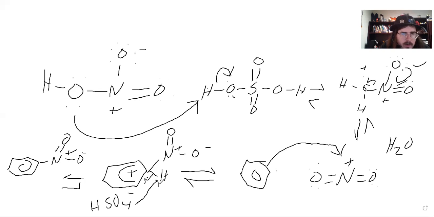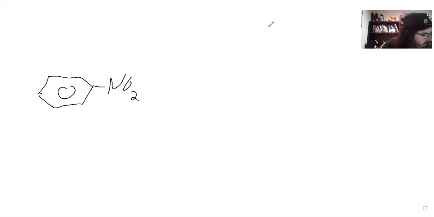Now, why is this really important? A nitro compound is not super useful. It depends on what you want, but not always the best compound. But here's a big thing, you want to write this down if you can. A nitro group can be reduced to an amine by doing two things.